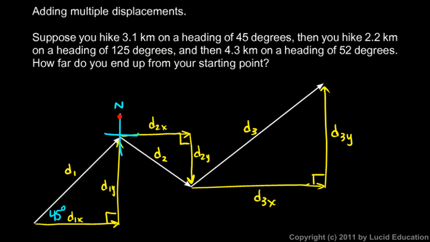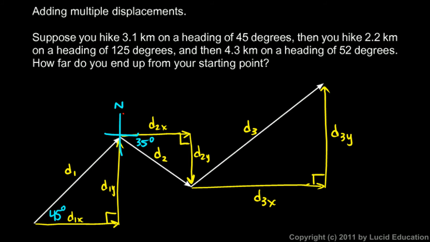So from here around to there is 125 degrees of rotation. So this is 90. So to get a total of 125, that has to be 35. So if we look at this triangle right here, this angle is 35 degrees. So let's write that in.